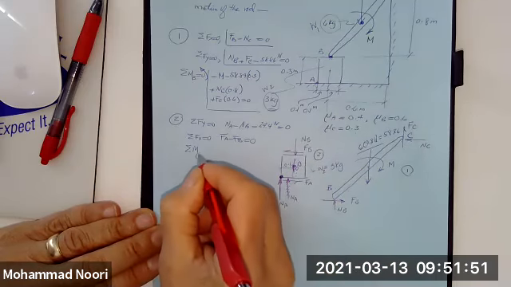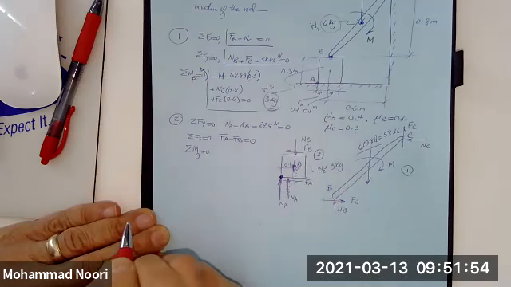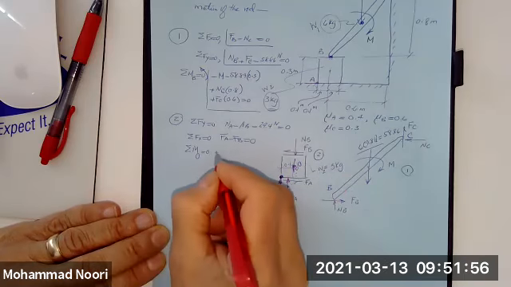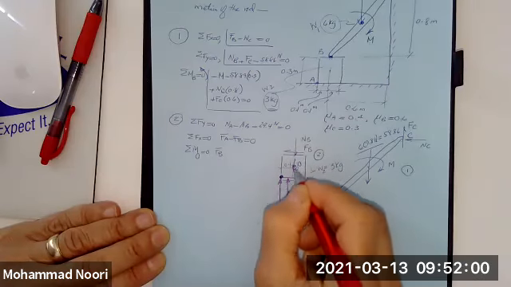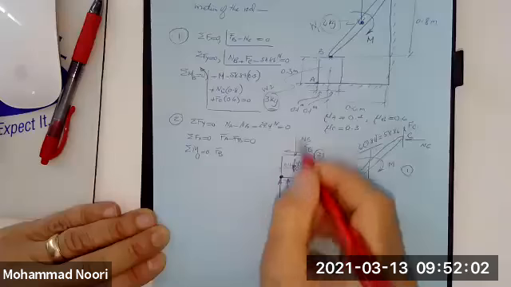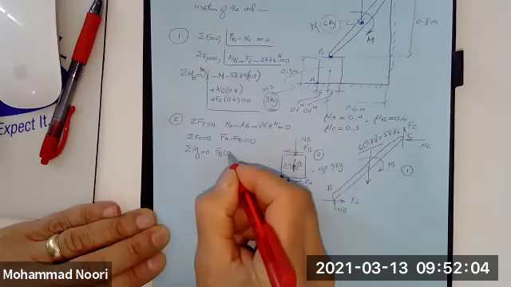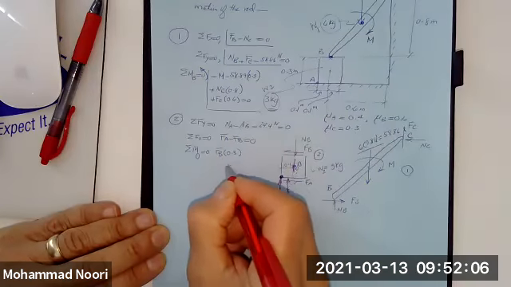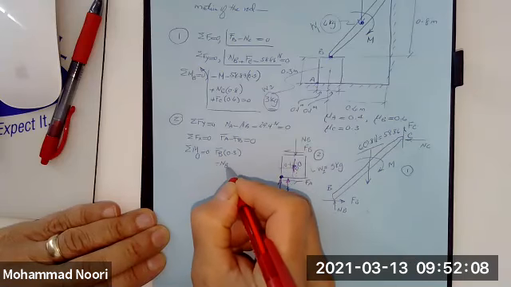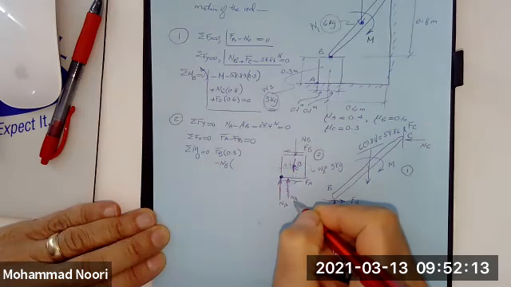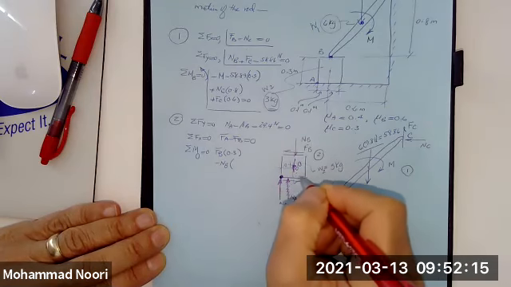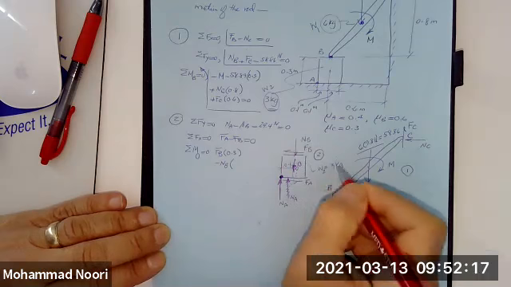So I take summation of moment about O is equal to 0, and that'll give me F_B, moment of this about here, and that distance is given 0.3, minus N_B.